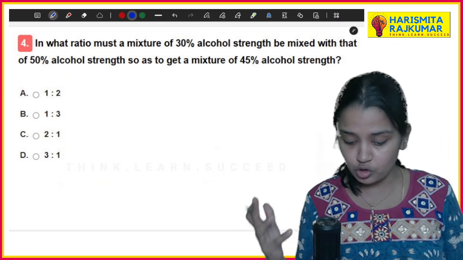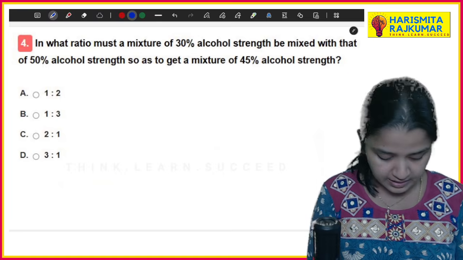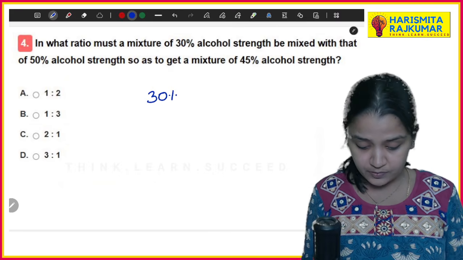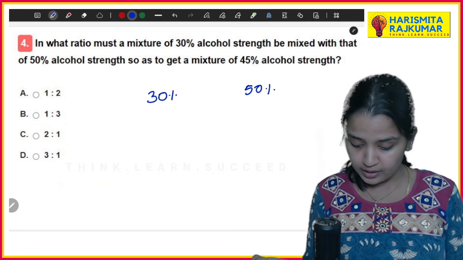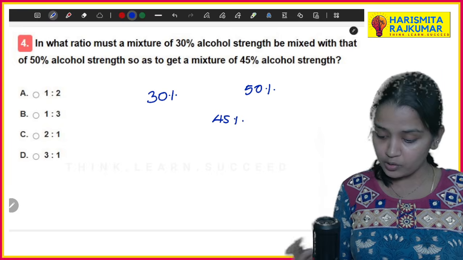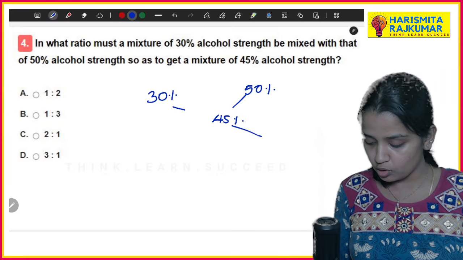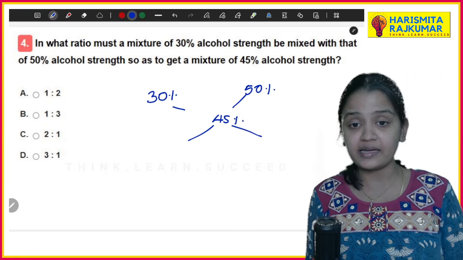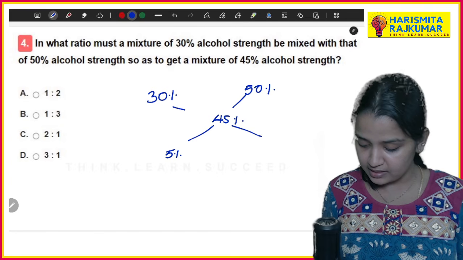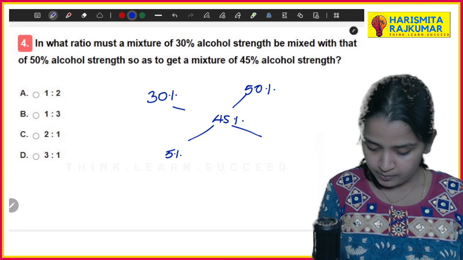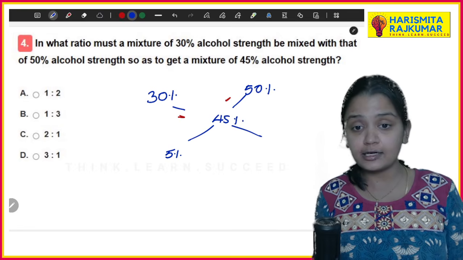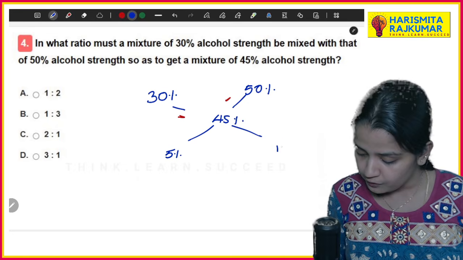In what ratio must the mixture of 30% alcohol be mixed with 50% alcohol strength so that you get 45 percent? So basically it is 50 minus 45, which is 5 percent, and 45 minus 30, subtracting these two, I'll have 15 percent.